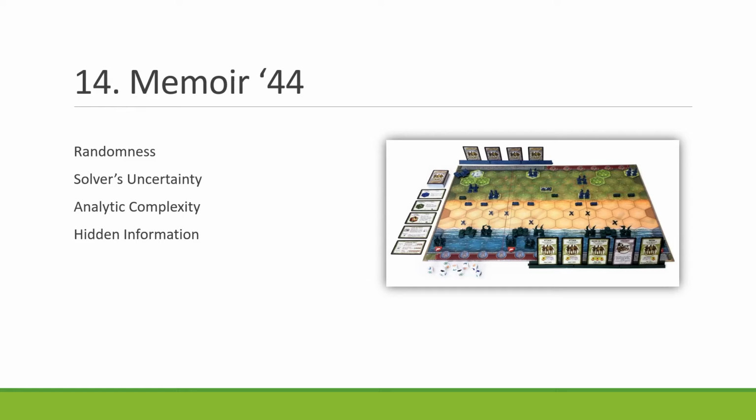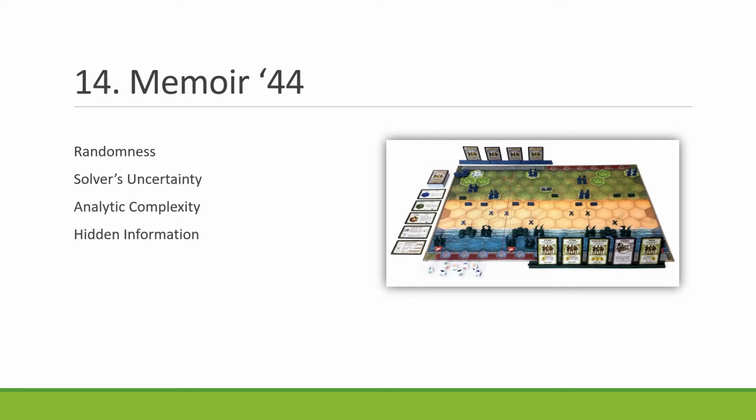There are dice rolls, so there are both stationary and non-stationary random processes because of dice rolls, and also card decks. So you can try to figure out what kinds of cards have been already drawn and so on. There's going to be a lot of solvers uncertainty and just analytic complexity of trying to figure out how to deal with the situation you're in.